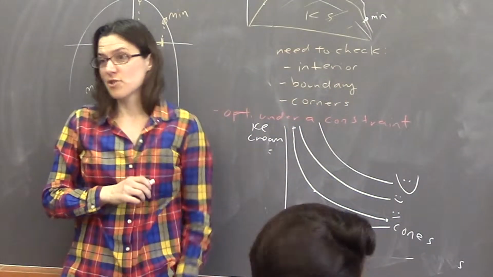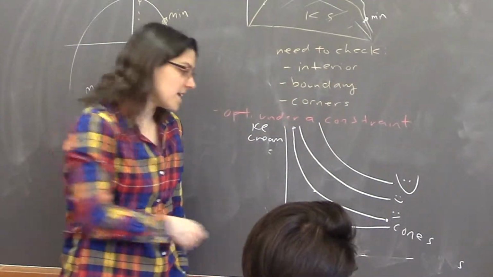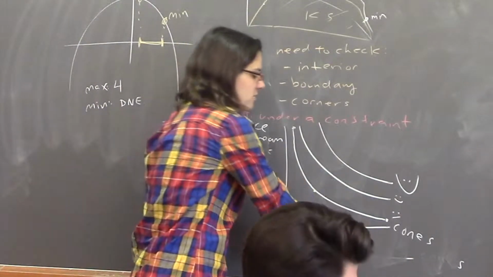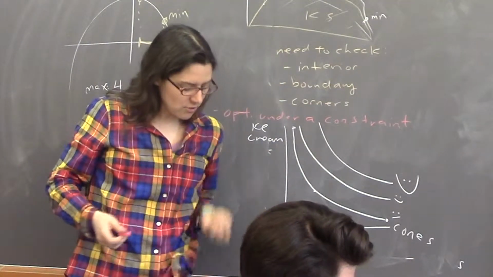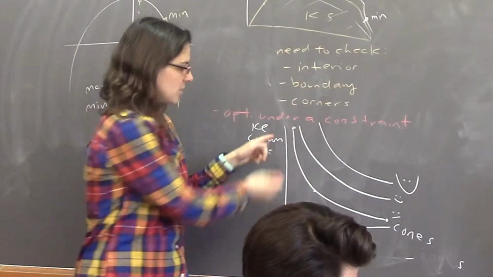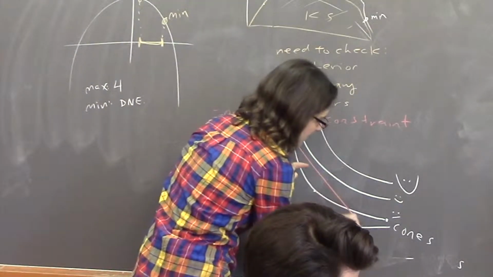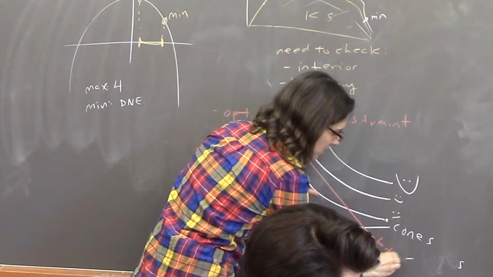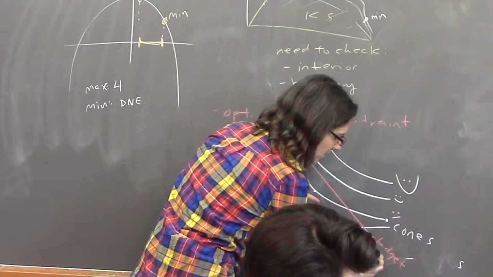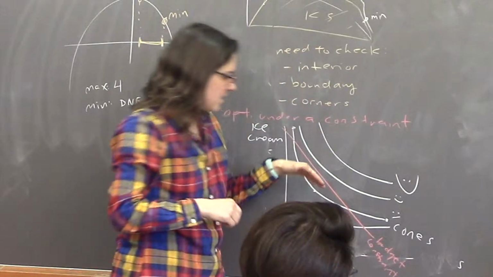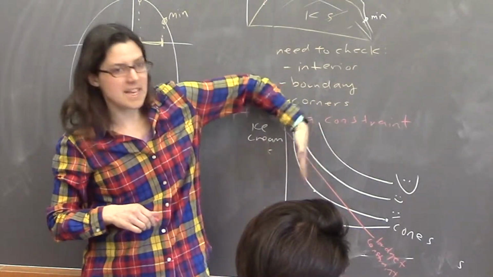Whoa. Super happy. And so then you want to buy ice cream and cones, but in your pocket, you only have such and such amount of money, which trades off between ice cream and cones. And so you have this thing called a budget constraint. And you want to be as far out as you can on these happiness curves.